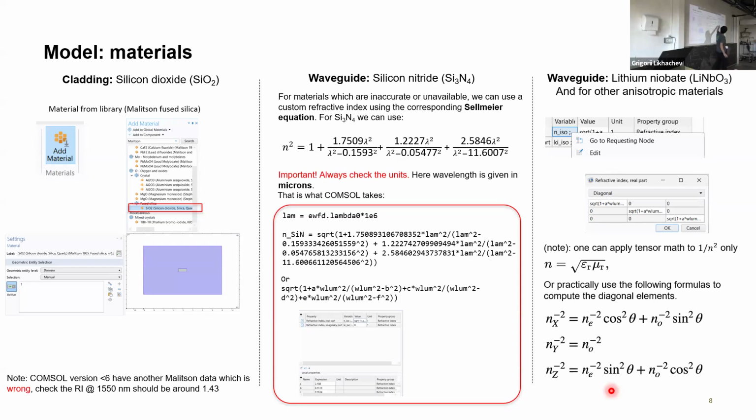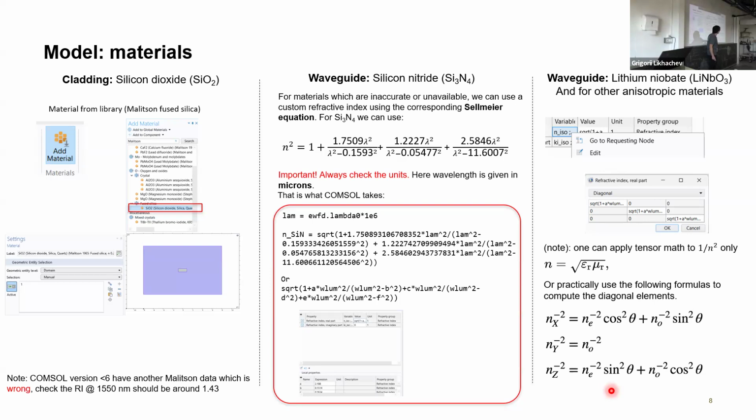And there is a trick you can play in the material library. You right click, you get Edit. Then you have a dialog box that allows you to put not only an anisotropic refractive index, but something like a diagonal, tensor-like refractive index. But also note that the refractive index itself is not a tensor. You cannot apply tensor math directly to it, but only epsilon, the dielectric constant, is a tensor.